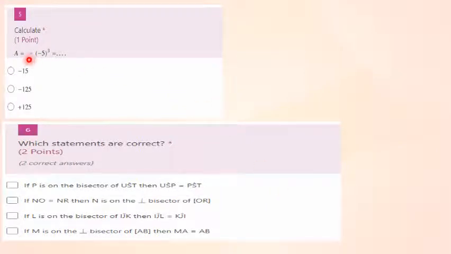Calculate minus 5 all to the power 3. Okay, I start here. We have a negative sign and a power which is odd here, and we know that if the power is even, then the answer should be positive. If the power is odd, here for example 3, it means that I multiply the minus by itself 3 times.